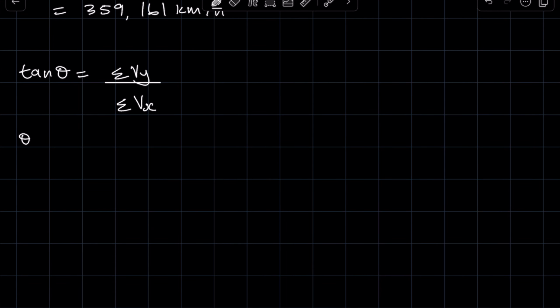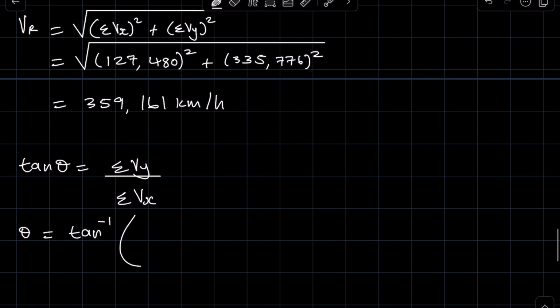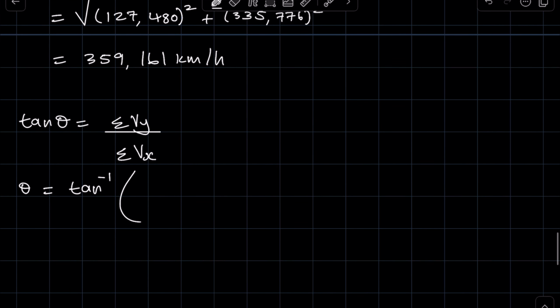Now let's calculate our theta. Theta will be arctan of the sum of v in the y direction, which is 335,776, divided by the sum of v in the x direction, which is 127,480.